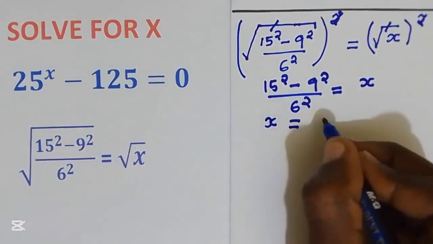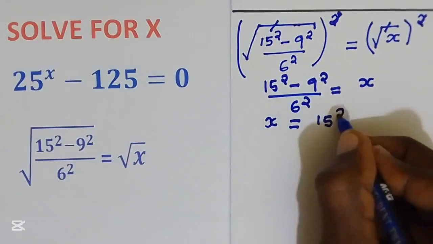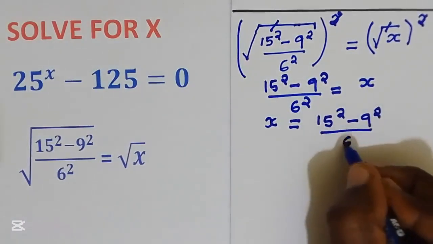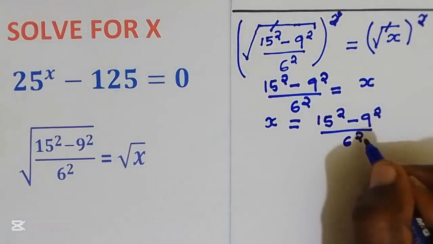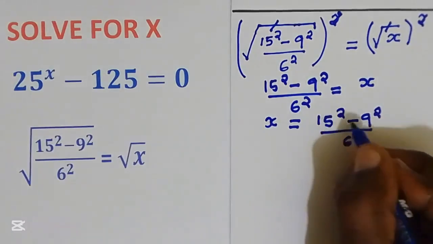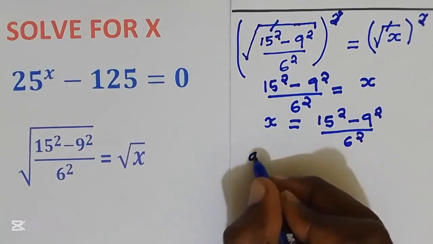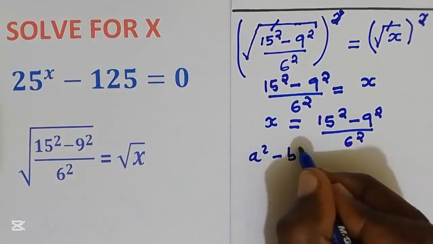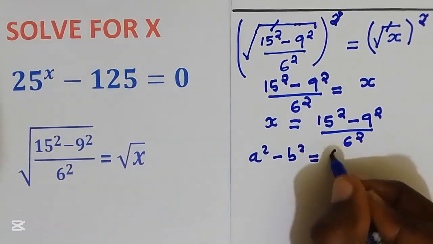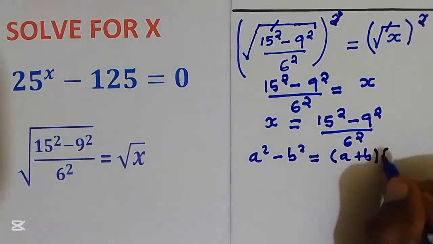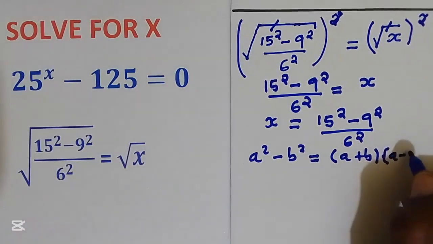But we know that 15² − 9² is the difference of two squares. If we have a² − b², this is equal to (a + b) multiplied by (a − b).